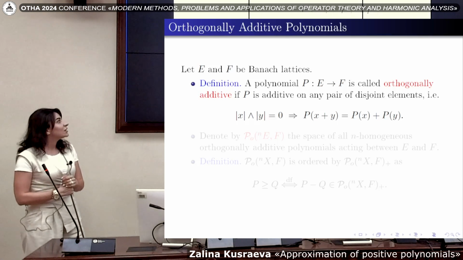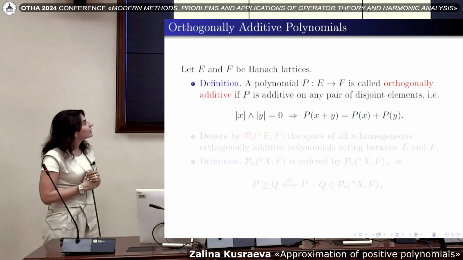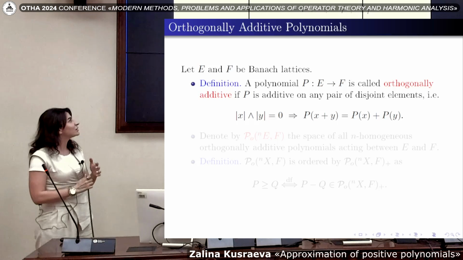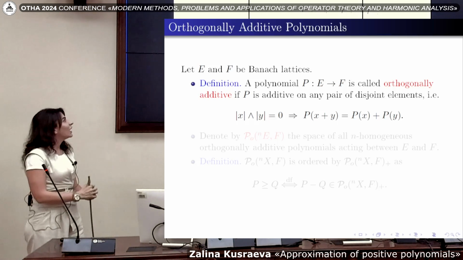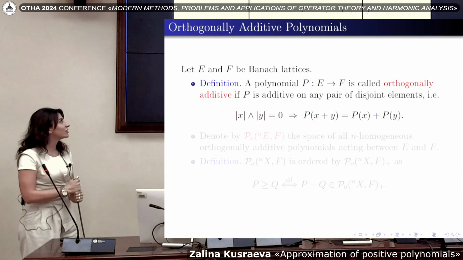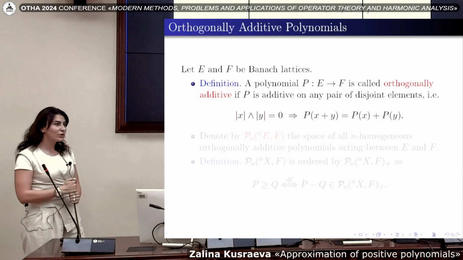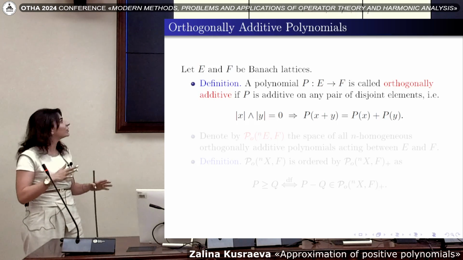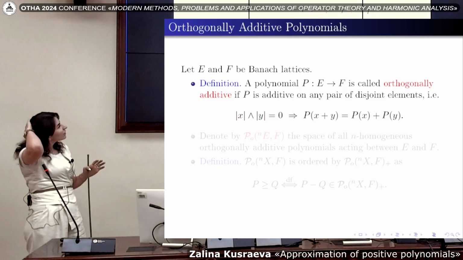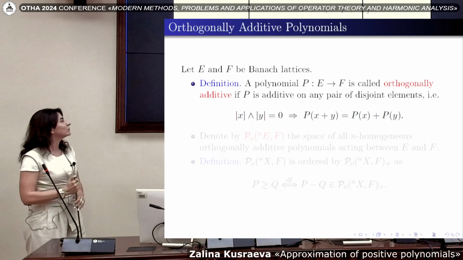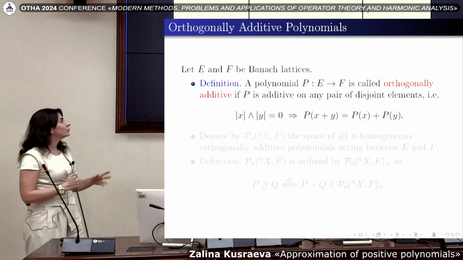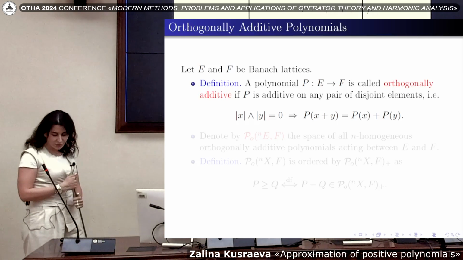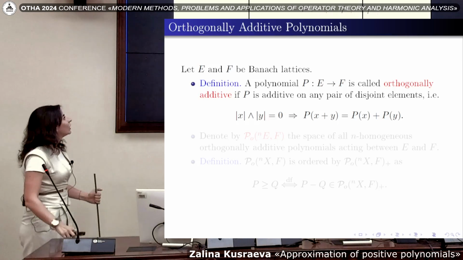Here, let me say again what disjointness means for function spaces. Two functions are disjoint if their supports do not intersect or intersect on a set of negligible measure, or what is the same, their product is equal to 0.